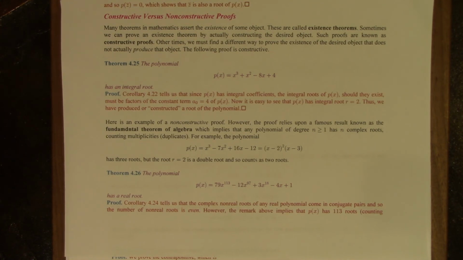And those proofs are called constructive proofs. But other times there doesn't seem to be any way to actually construct the object whose existence we're trying to prove. And so we need a different way, in a sense, proving that such an object exists without actually showing it. They do that sort of thing in astronomy all the time.